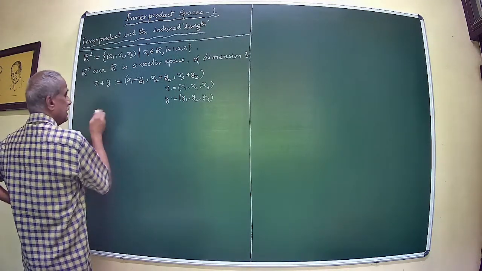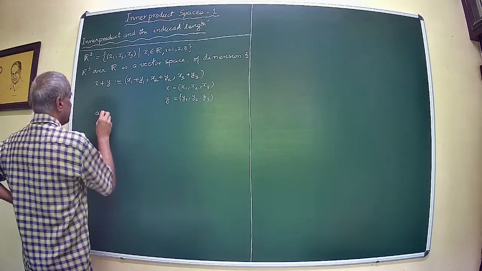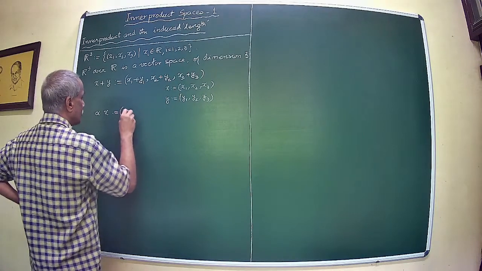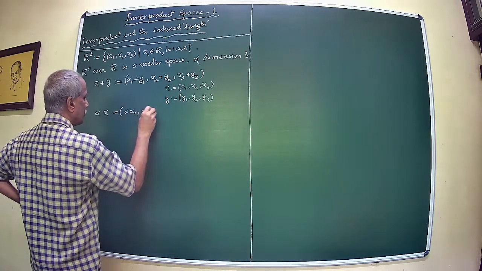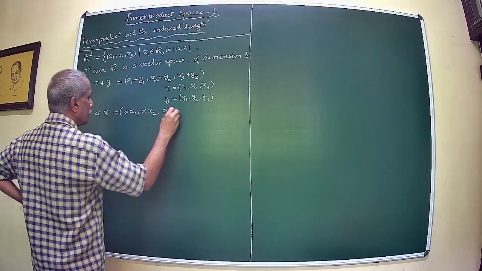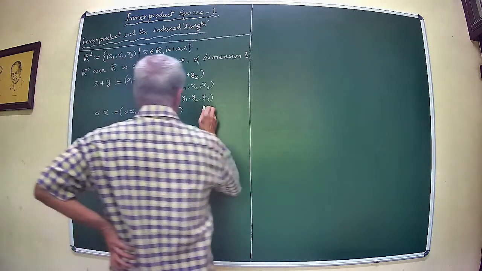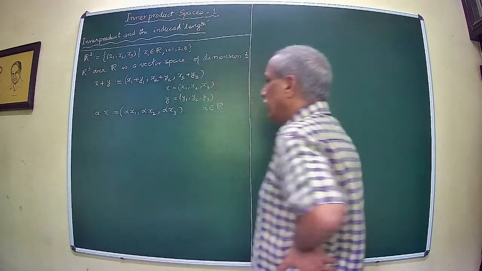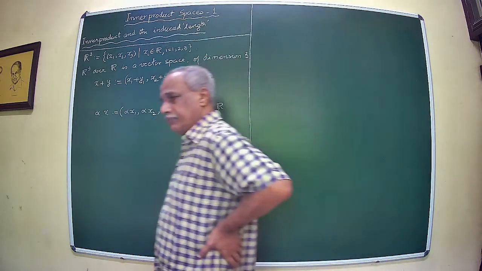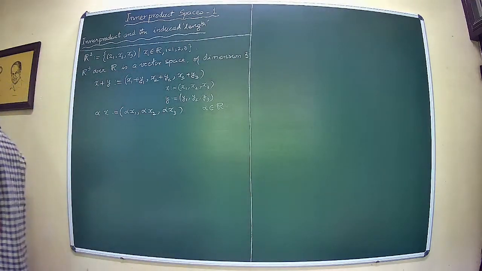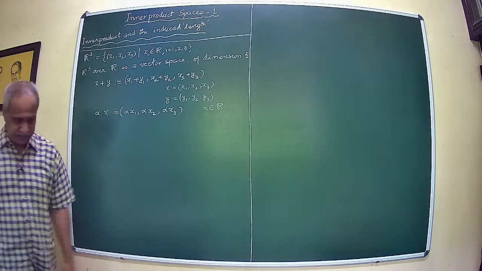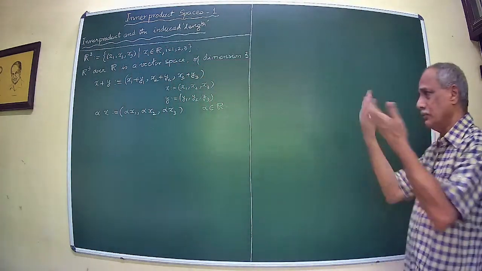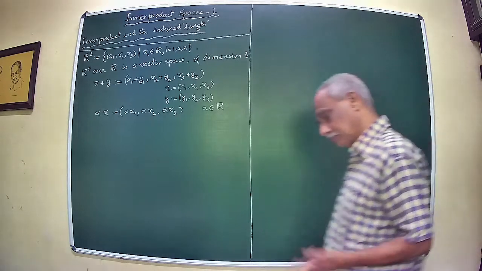The scalar multiplication is this. Alpha times x is defined as (alpha x1, alpha x2, alpha x3). Once again, by definition, they are vectors. So the sum of two vectors is a vector, the scalar multiple of a vector is a vector, and all these have geometric significance.